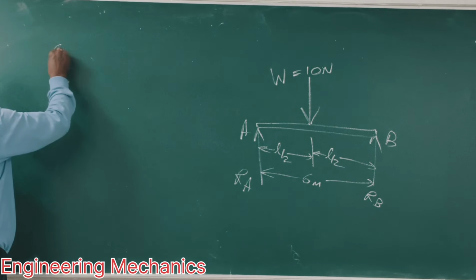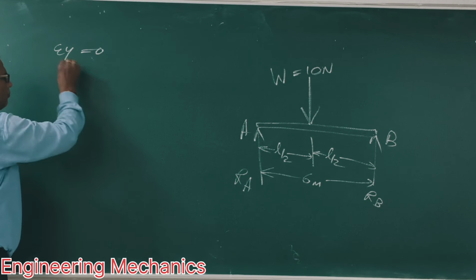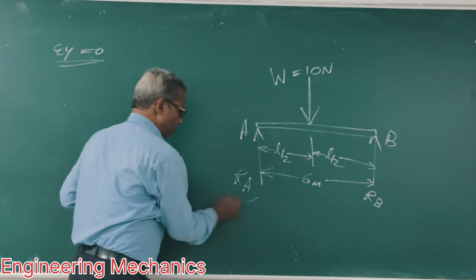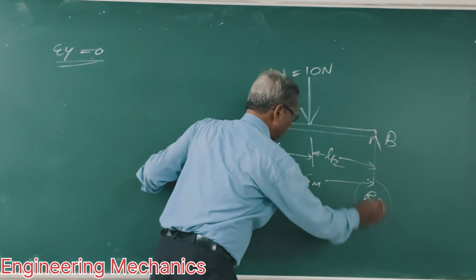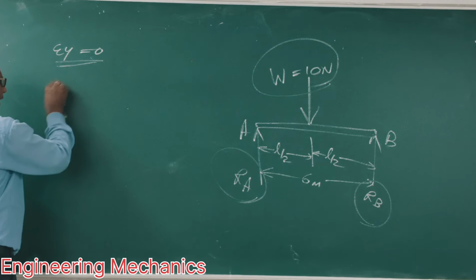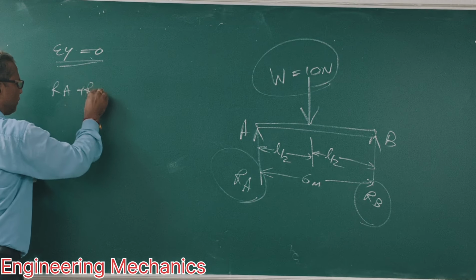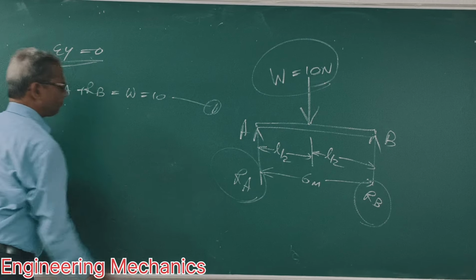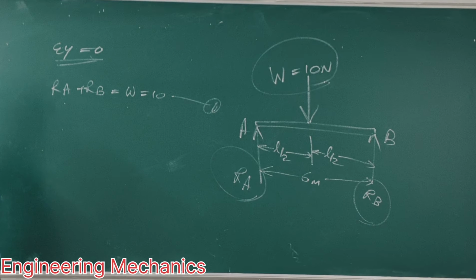Now sigma y is equal to 0. Why? Upward force is equal to downward force. RA plus RB is equal to W, which means 10. Equation 1. Clear?